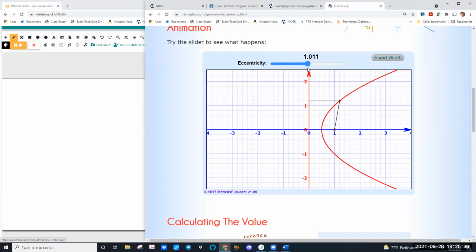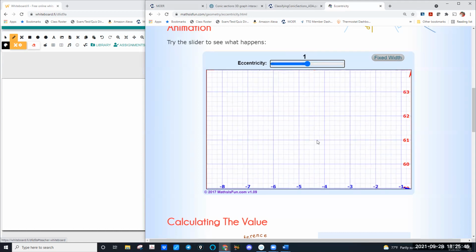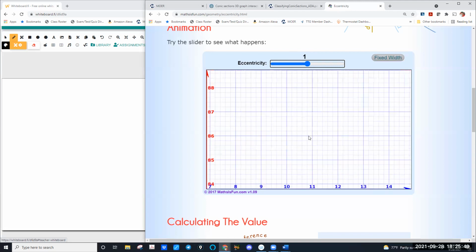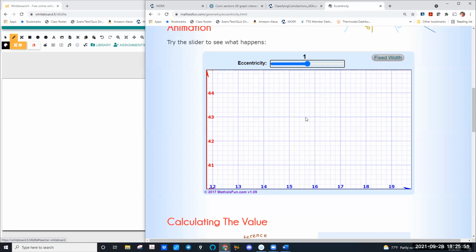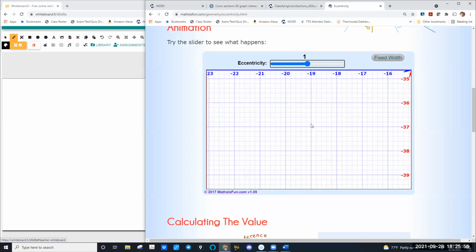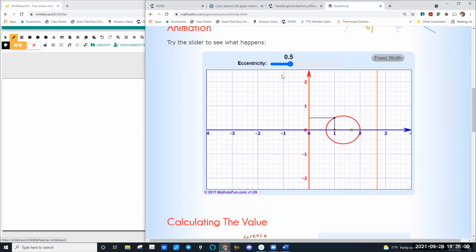Once we get to 1, I don't know if I can get to 1 exactly or not. Oh boy, that got a little out of control. Let's see if I can get this back. All right, let's recenter this.